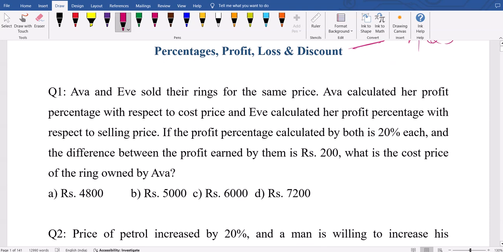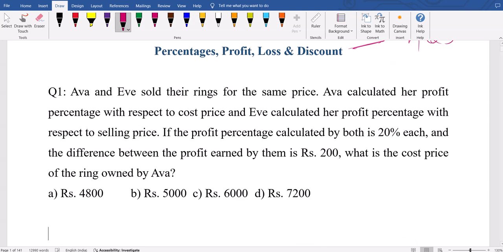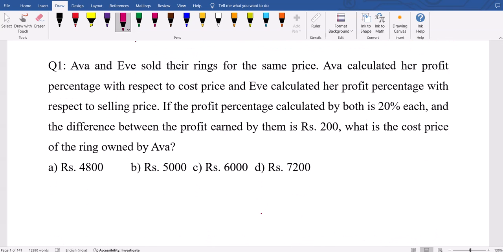See, the selling prices are equal. That's a good question. I'll consider the first person as A and the second as E. So the selling price of A and the selling price of E are both equal, since they sold their rings for the same price.